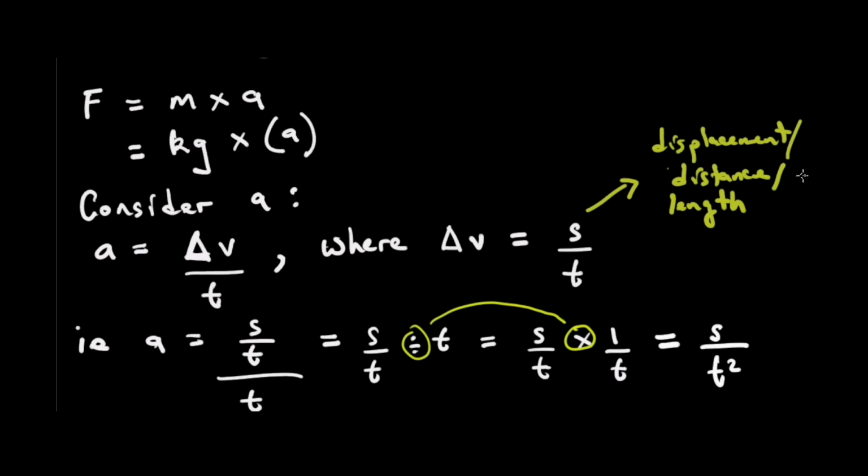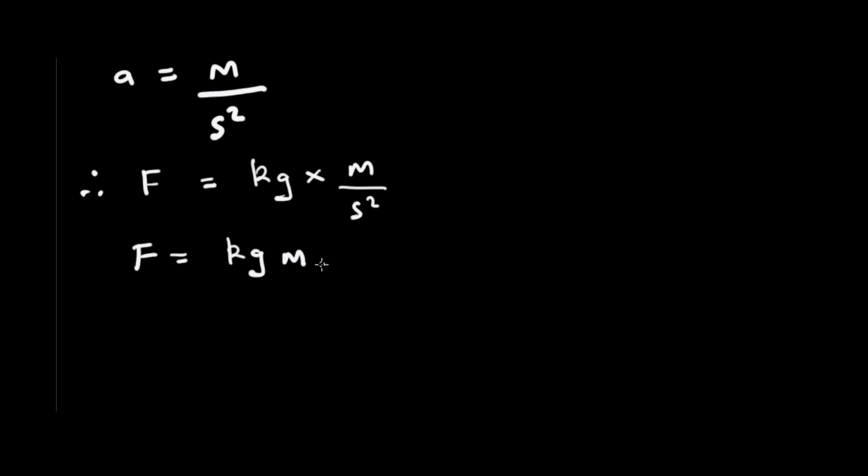So what we are doing here is repeating: therefore F is equal to kg times a, which we wrote as m over s squared. This means F is equal to kg m over s squared, called kg meters per second squared.